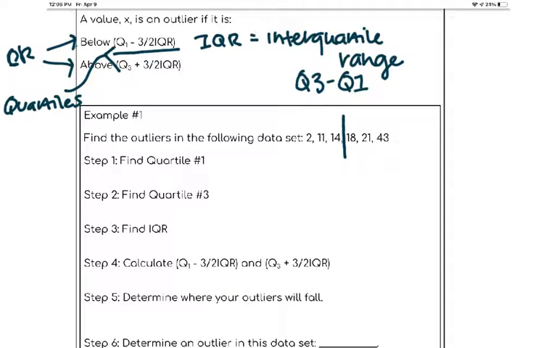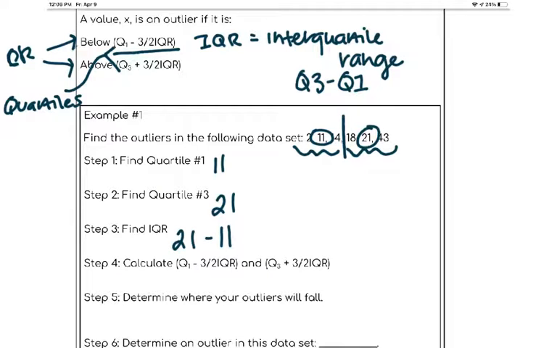The median of the first half is 11, so that's our quartile 1. Then the median of the second half, or the upper half, is 21. So that's quartile 3. Well, in order to find our interquartile range, it's going to be quartile 3, which was 21, minus quartile 1, which was 11.